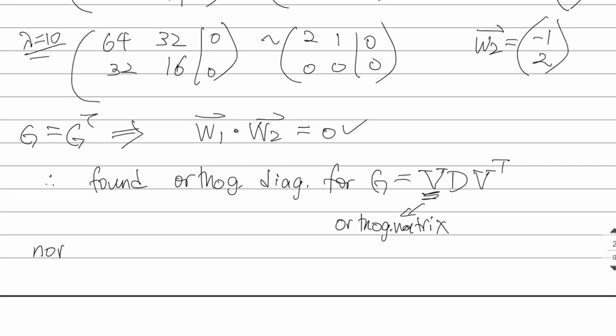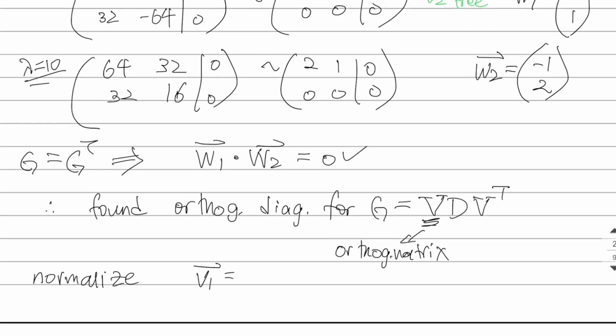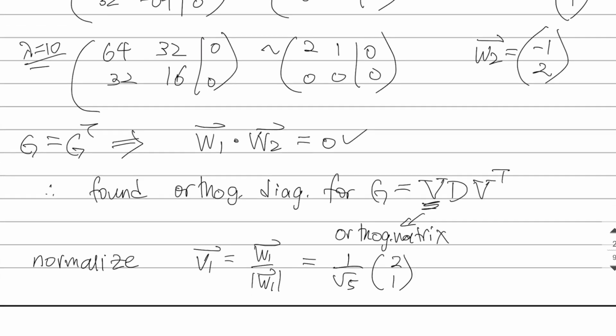And that means we need to normalize our two eigenvectors. So we're going to say that V1 is W1 over its length, which is then just going to be 1 over root 5, 2 and 1. And then V2 is also going to be 1 over root 5, negative 1 and 2.